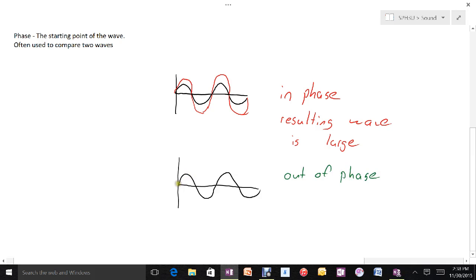When one wave goes up, the other wave goes down, and vice versa. When it goes down, it goes up, and back and forth like that. What this means is that the waves are always out of step with each other, or out of phase with each other, and the resulting wave, when they try to occupy the same point in space, will be small.